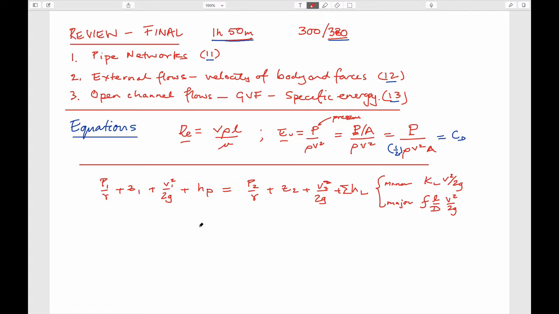I guess important to note again, if you're doing this between upstream and downstream, that the downstream is on the right hand side and the upstream is on the left hand side. Velocities are always positive. You certainly know this. If you have a pump within this, then this term is positive for a pump and negative for a turbine.